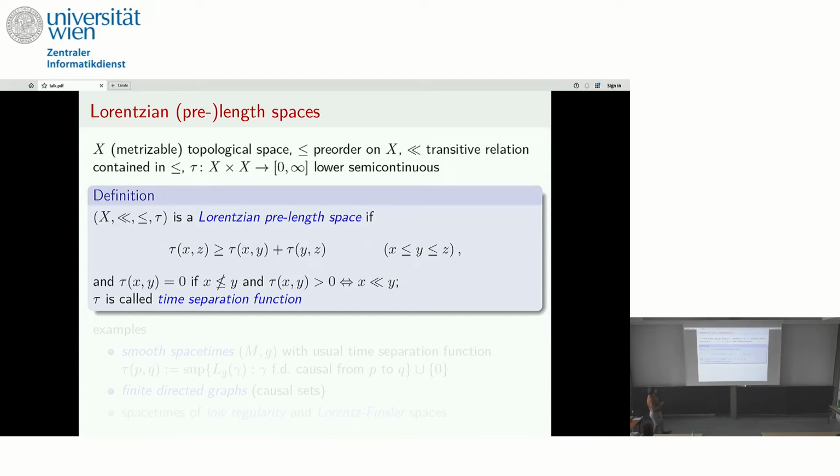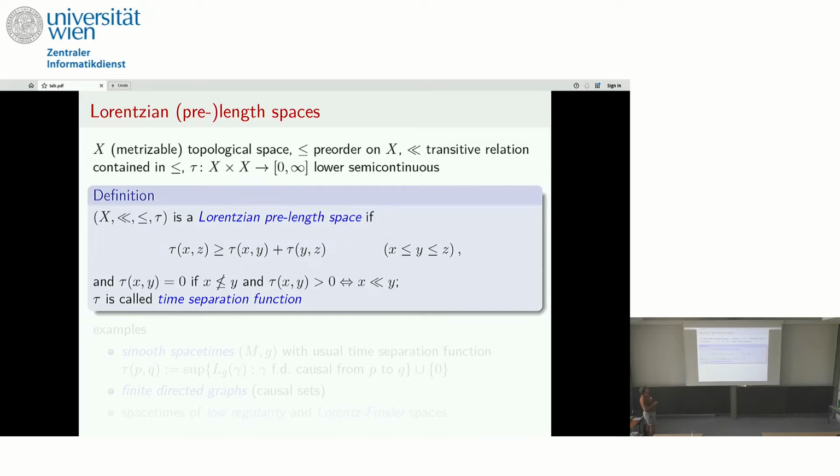And this is called a Lorentzian pre-length space if tau satisfies the reverse triangle inequality for all triples of points which are causally related like this. And it's compatible with the relations as follows: it's 0 if they are not causally related, and it's positive if and only if they are time-like related. And tau is called the time separation function.